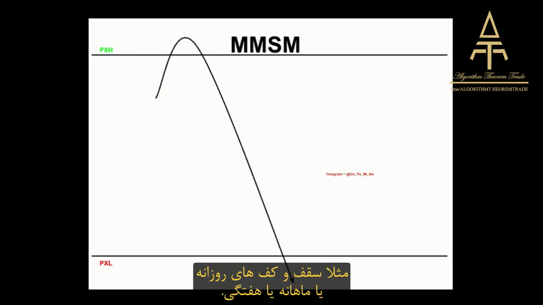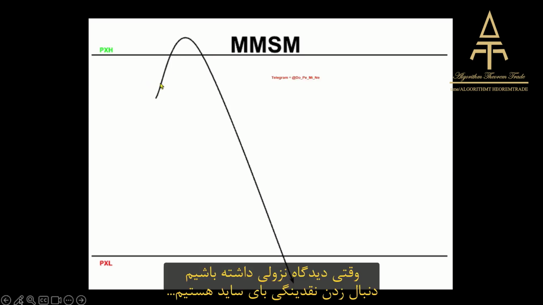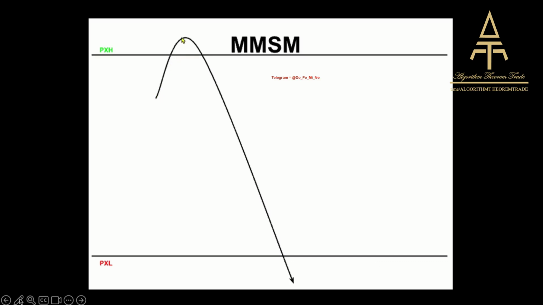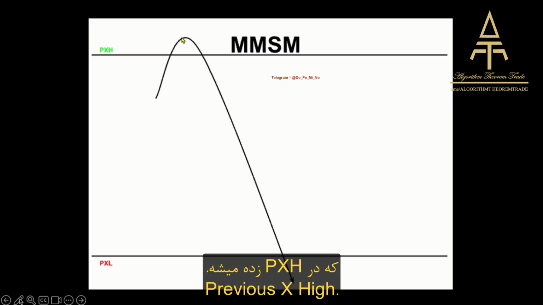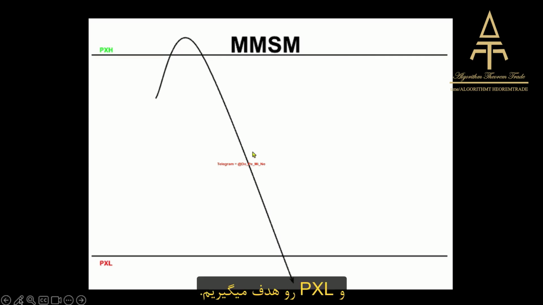For example, daily highs and lows, weekly highs and lows, monthly highs and lows, yearly highs and lows, etc. So what we're looking for is, when we're bearish, a run on buy side liquidity on the previous X high. From there on, a smart money reversal will occur within a lower time frame sell model, and we will target the PX low.